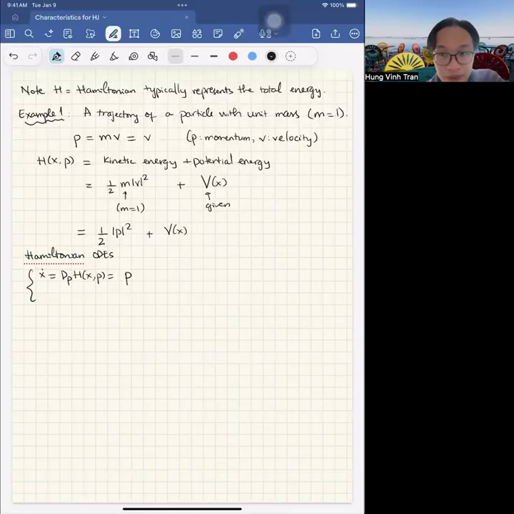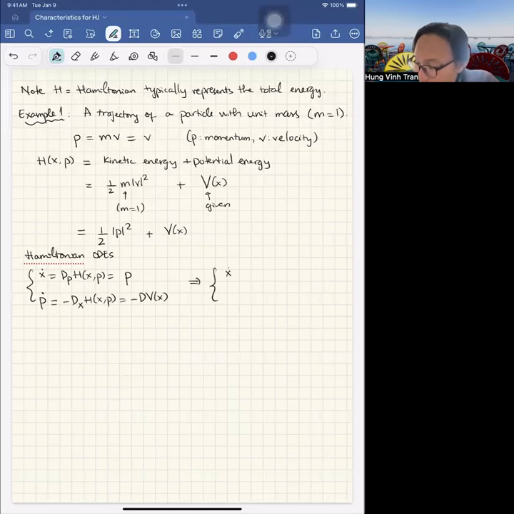So x dot equals p, and p dot equals minus dx of H of x, p. When I differentiate in x, I only differentiate V here, right? So it's minus dV of x. So this gives me a very beautiful system: x dot equals p and p dot equals minus dV of x.